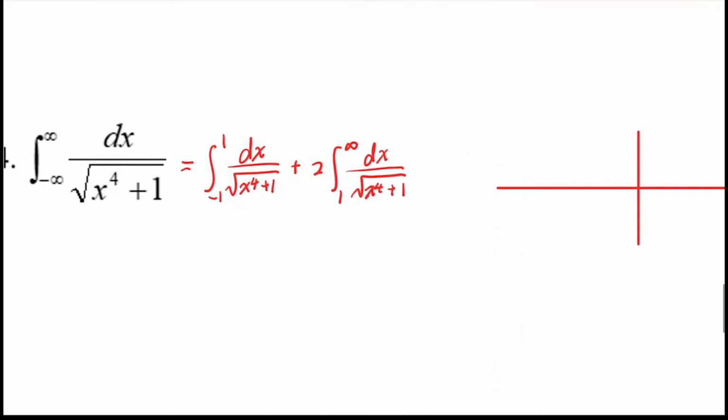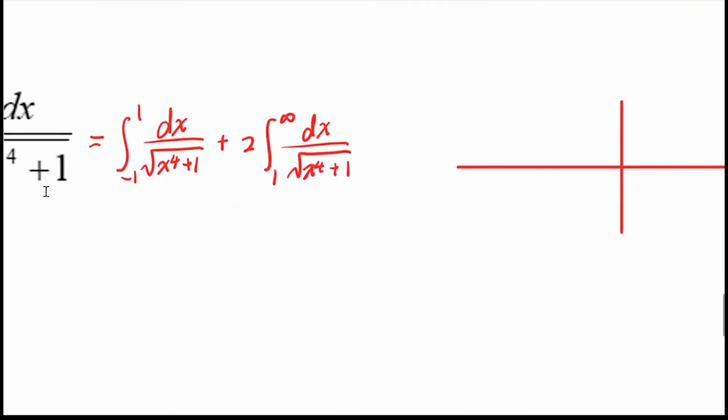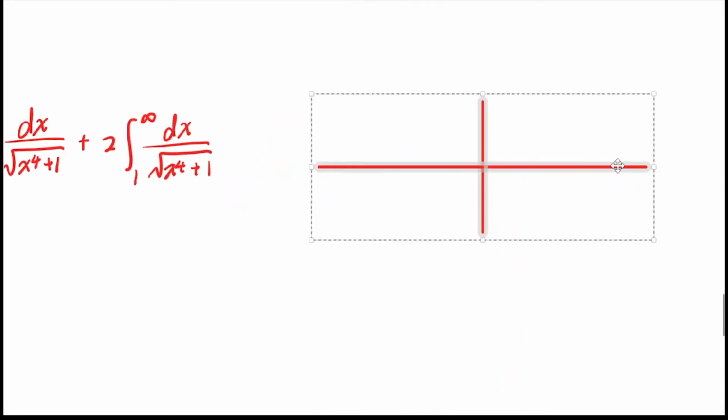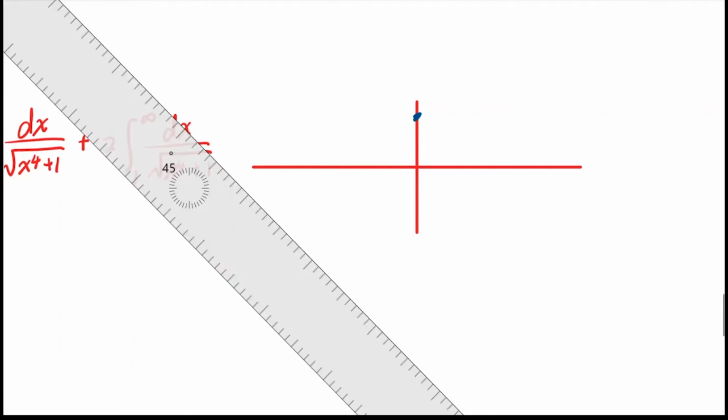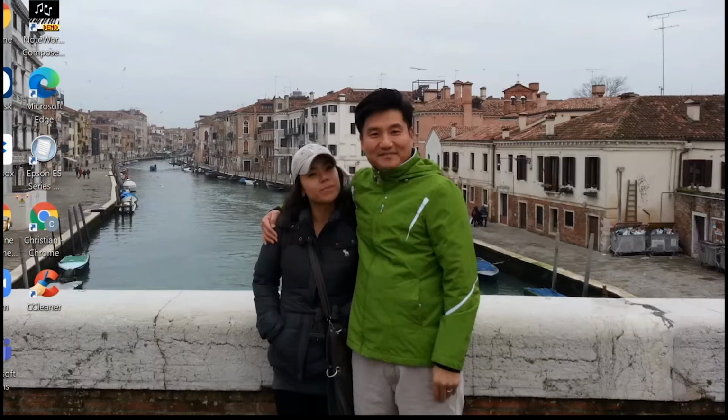What's the maximum of this function? It's 1, isn't it? So let's say 1 is somewhere here. And then when we take a limit, as x approaches infinity, this thing has to be asymptotic, right? It crashed on me.